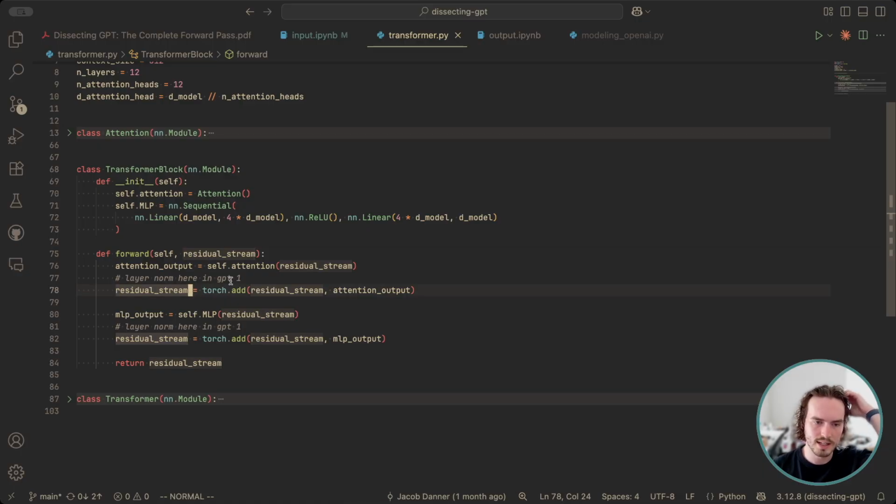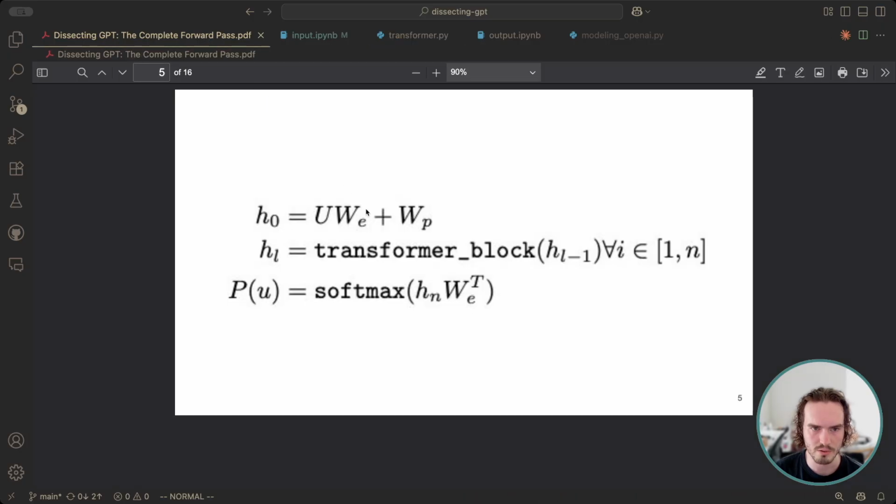I want to stress that the residual stream is important because it allows the different pieces of the model to talk to each other by writing to different subspaces of this residual stream. The same thing happens with the multi-layer perceptron. We run that over the residual stream, and then we add those things together, and then eventually we're going to return the residual stream. So let us now step into some diagrams that I've created.